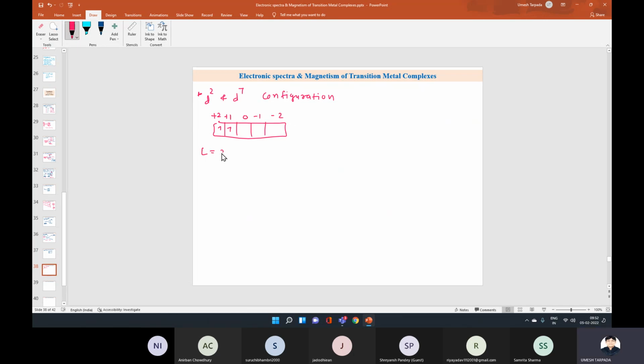L value is 2 plus 1, that is 3, so it's a F term आएगी। Yes, good, one is F term. Okay, one is a F term in this case. So F term कैसे split करेगी? 3 into 3 terms.